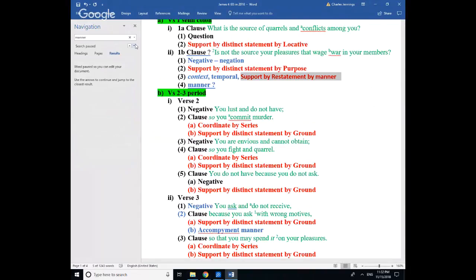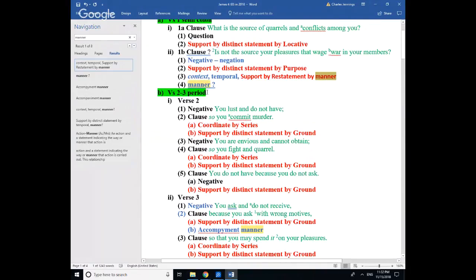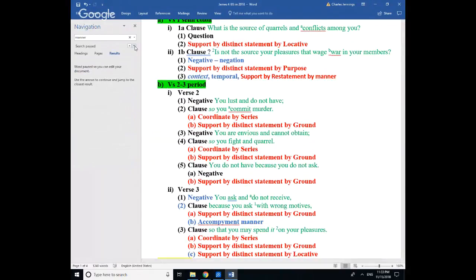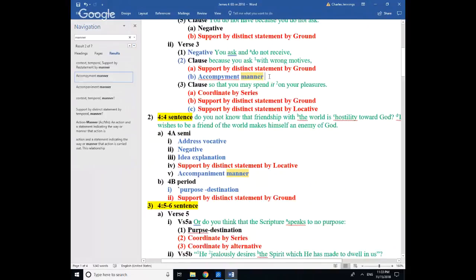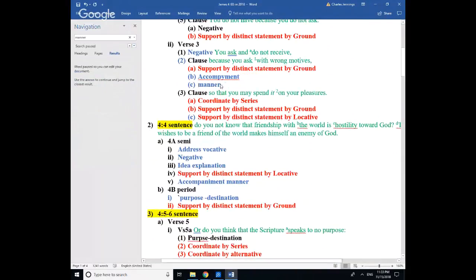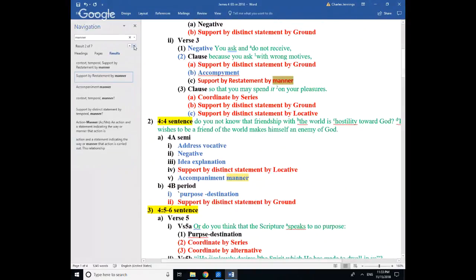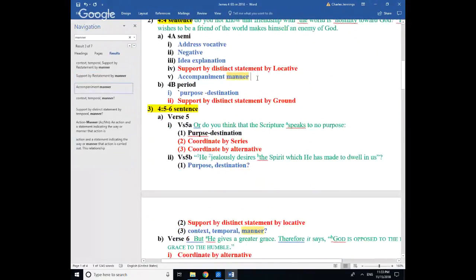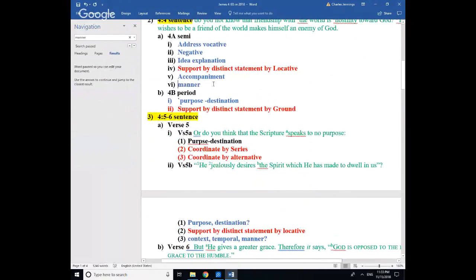I'm doing this fast so we can fix the colors later. Okay, this one's manner. Is manner a part of logical relationship?